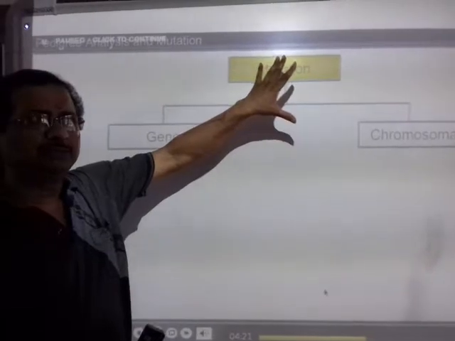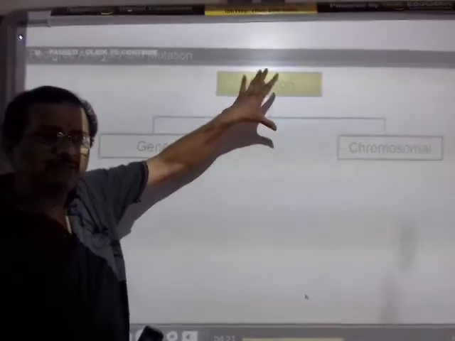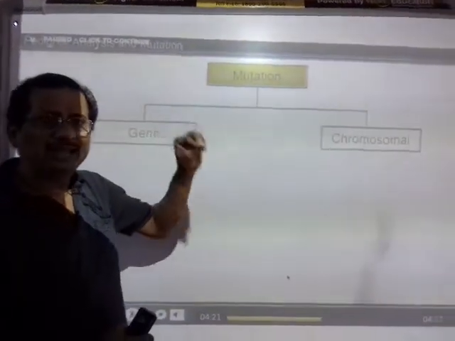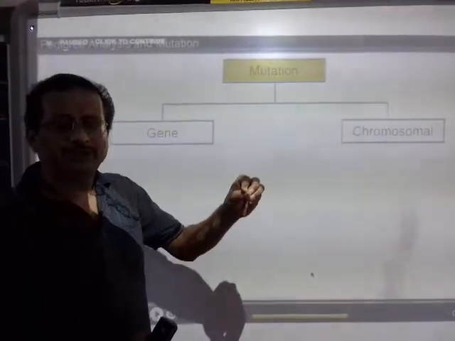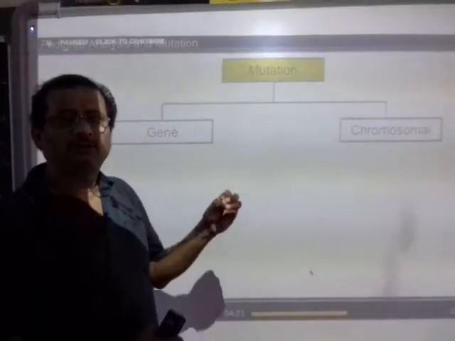But mutation is a variation that can be a spontaneous variation or an induced variation. So we say mutations are of two types.